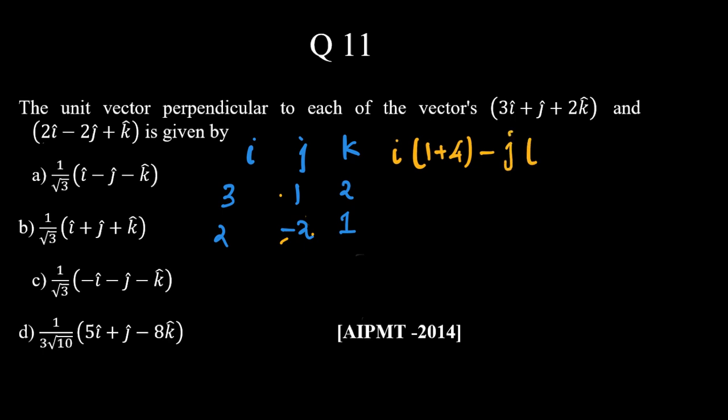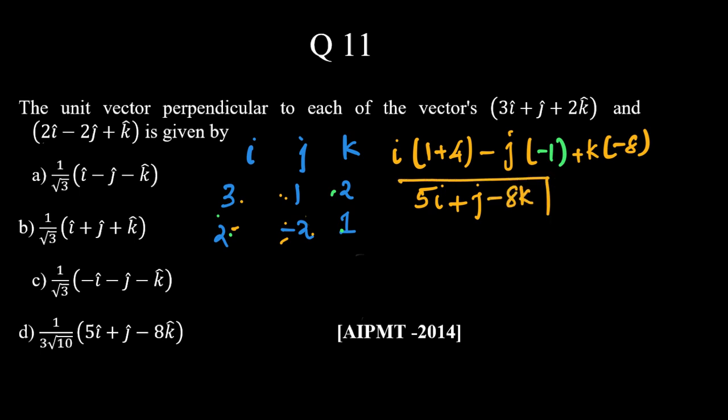Minus j into, 3 into 1 is 3, 2 into 2 is 4, so 3 minus 4 is minus 1. Plus k into 3 into minus 2 is minus 6, 2 into 1 is 2, minus 6 minus 2 is minus 8. So what we get is 5i plus j minus 8k.